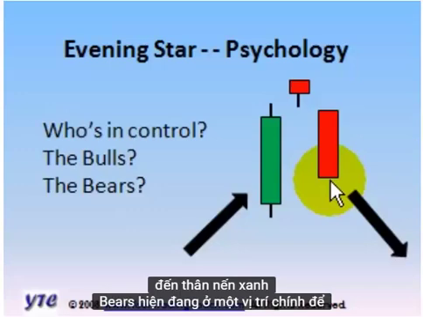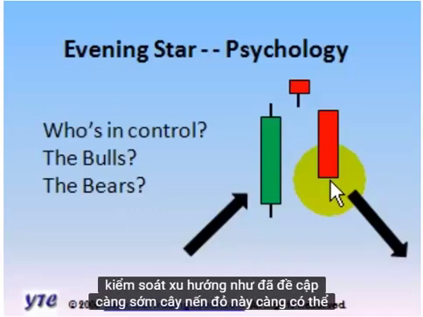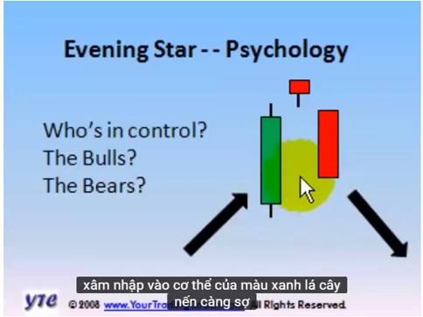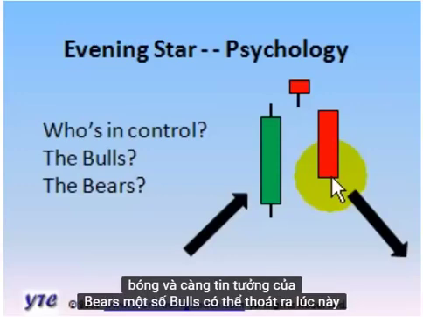The bears are now in a prime position to take control of the trend. As mentioned earlier, the further this red candle can penetrate into the body of the green candle, the greater the fear for the bulls and the greater the confidence of the bears.